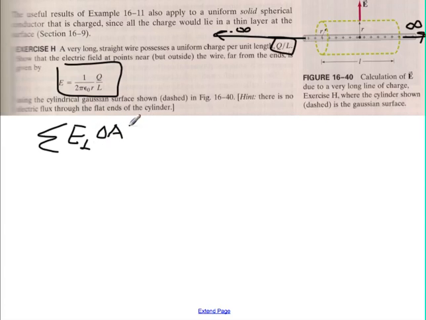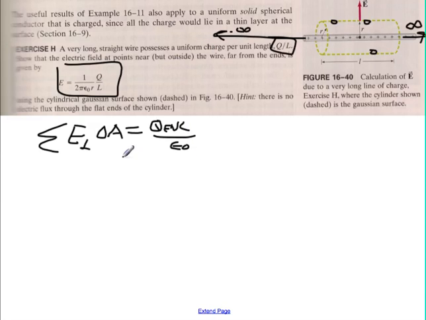Remember, we're talking delta A right here. We're just thinking about all those little pieces of area that are on our surface, okay? All right, so we've got that, and Gauss's law says that that's equal to the charge enclosed divided by the permittivity constant.